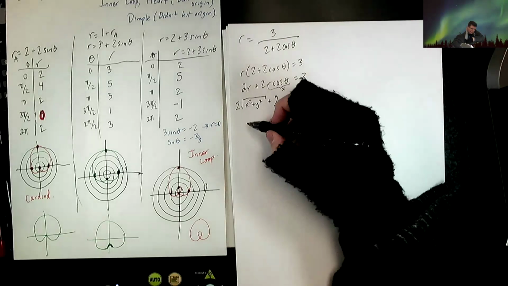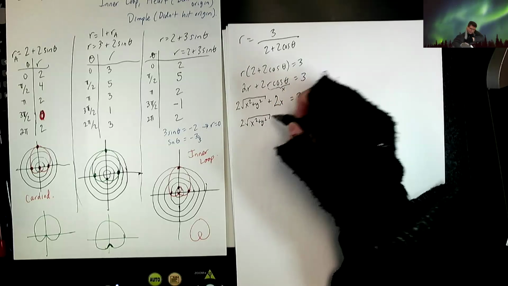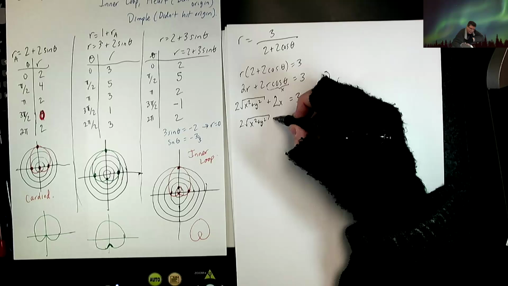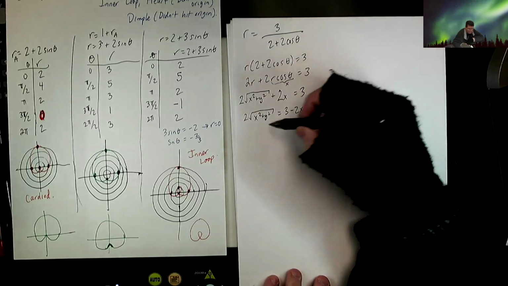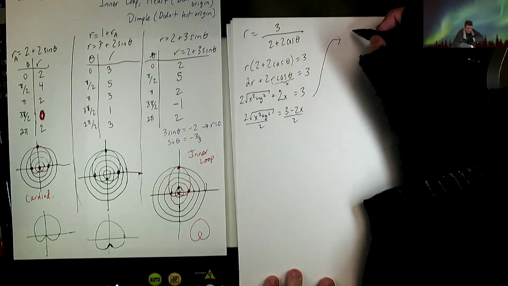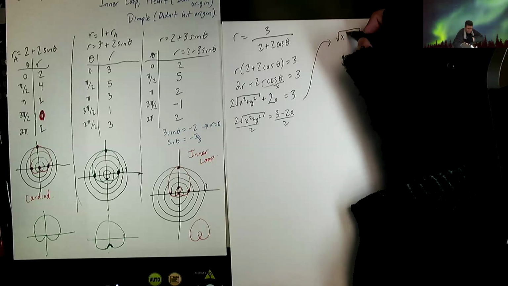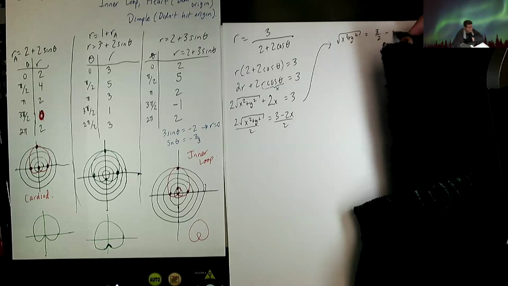So maybe I'll subtract. I don't like this square root. I'm going to subtract the 2x over, and if I divide by 2, I get the square root of x squared plus y squared equals 3/2 minus x.